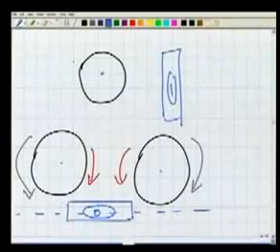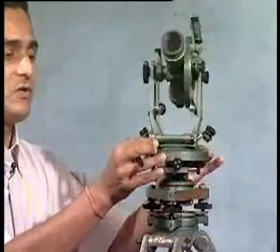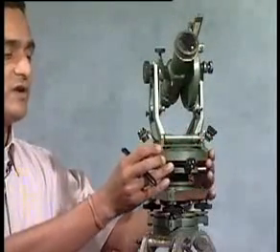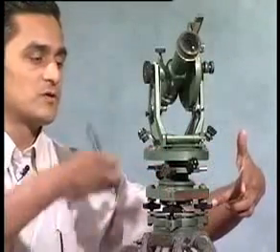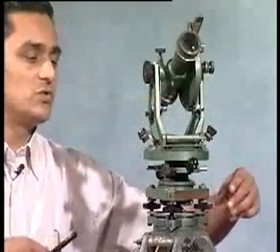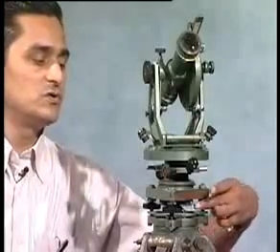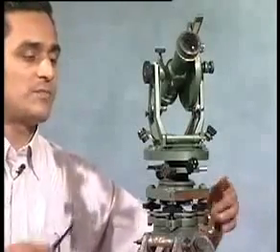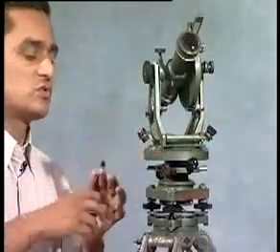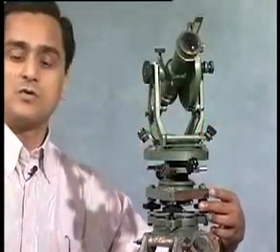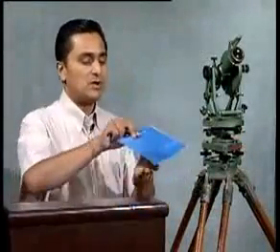I rotate the bubble tube by 90 degrees, and it's along this third screw. That's the bubble tube, that's the third screw. Now I rotate the third screw, only the third one. Now what is happening? The bubble tube is going either this way or that way, so that it is in the center.